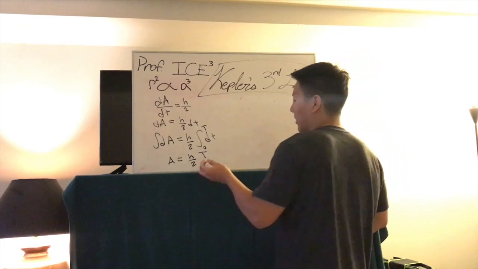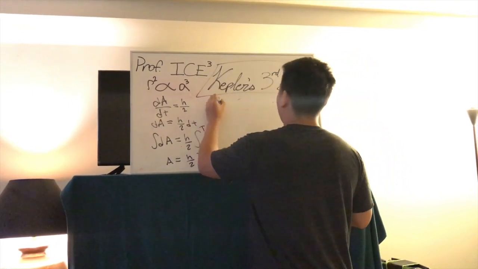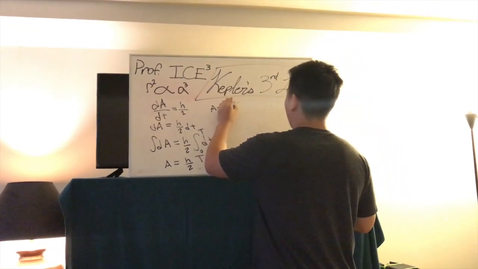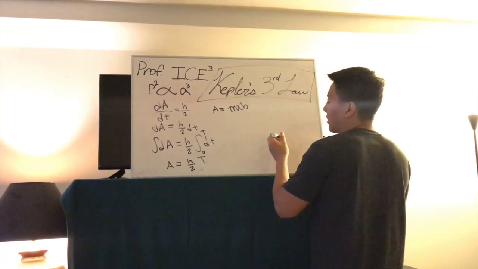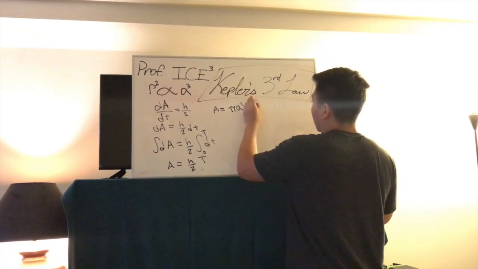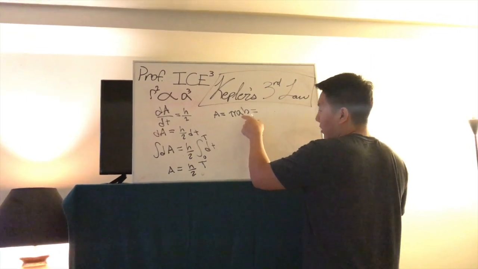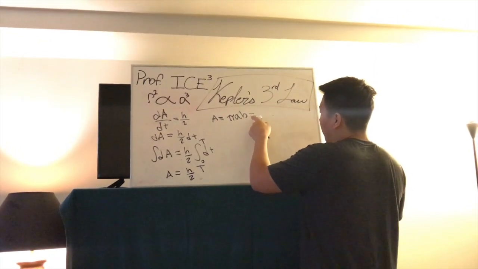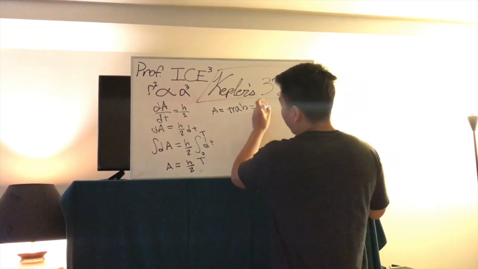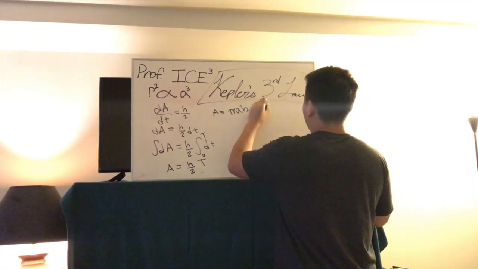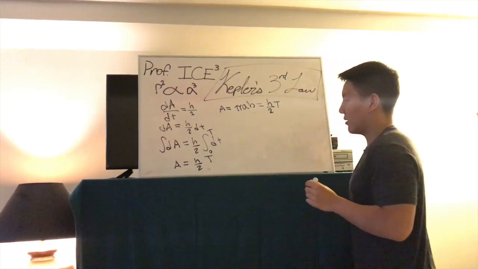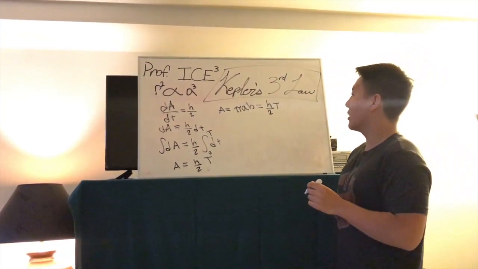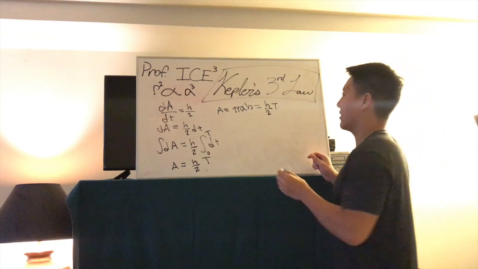That's easy. Area of an ellipse is equal to pi ab. So now we can set that equal to h over 2 big T. Oh yeah, and a is the semi-major axis, and b is the semi-minor axis. And now we will solve for T.